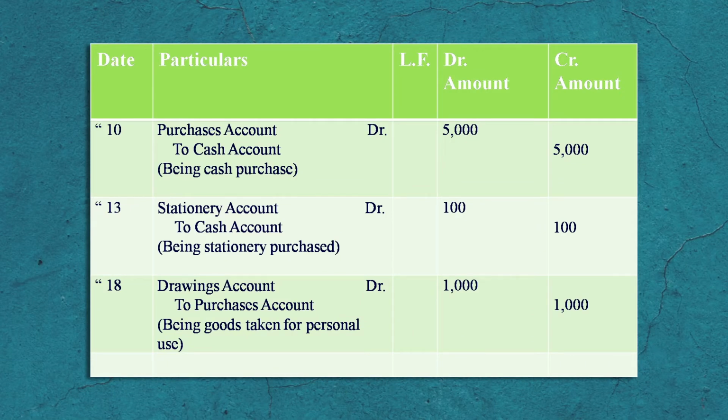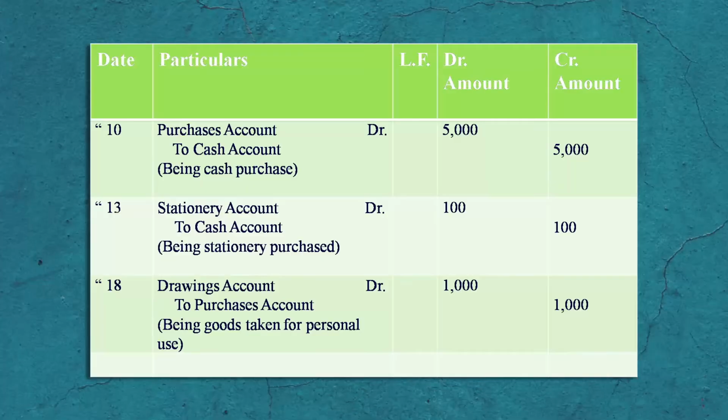The first one is drawing account and the second one is purchases account, because when the goods have been taken by the proprietor for personal use, this is what we call drawing.